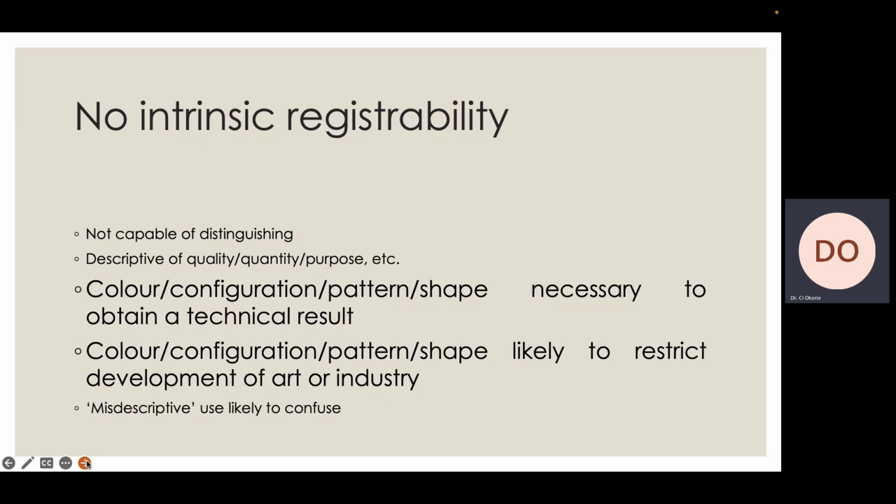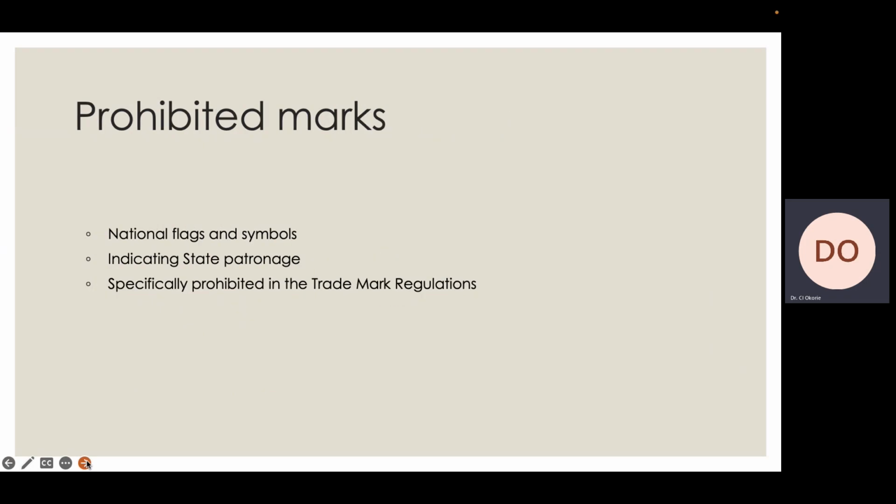Or let's say your mark is misdescriptive: when the mark is applied to the good, it creates a different perception or impression that is actually misdescribing. It's deceiving, or it's presenting a false picture to consumers. Then in that case, they will say that this mark doesn't have intrinsic registrability in and of itself. It will not work.